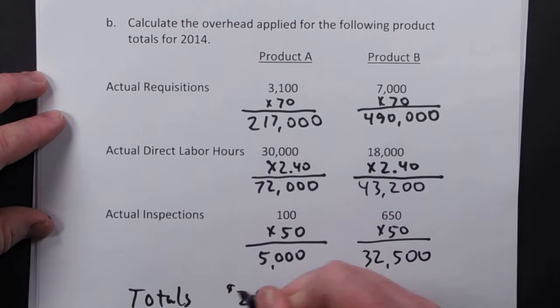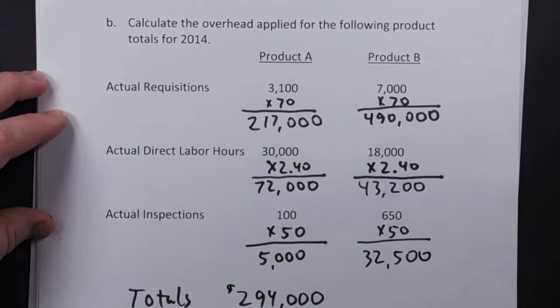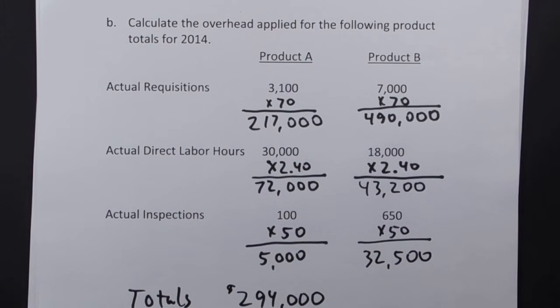And just like for product A, we're going to add them all up. $490,000 plus the $43,200 plus the $32,500.